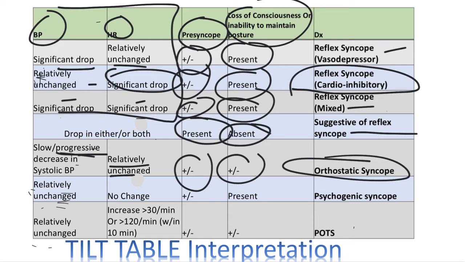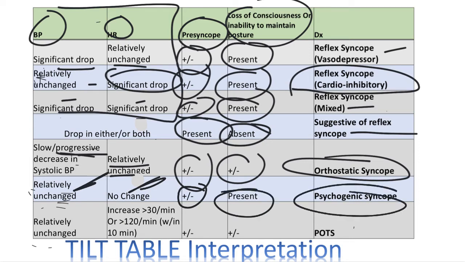Now, if the blood pressure doesn't change and the heart rate doesn't change, there may or may not be symptoms of pre-syncope, but there is a loss of consciousness. Nothing changed, nothing caused a decrease in cerebral perfusion pressure. That is most likely psychogenic syncope.